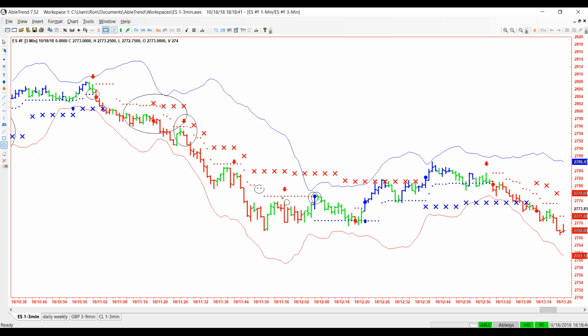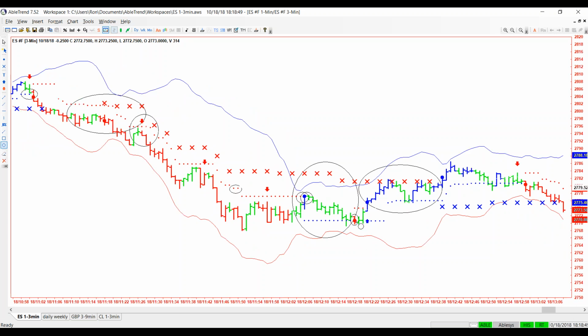Okay, so we got a beautiful downtrend there on ES. Obvious no trade zone. There's a short signal, triple confirmation sell signal right there. We lost maybe 3 points on that trade, and we won 15 points on the trade before it. We got another losing trade here, about another 3 points or so.